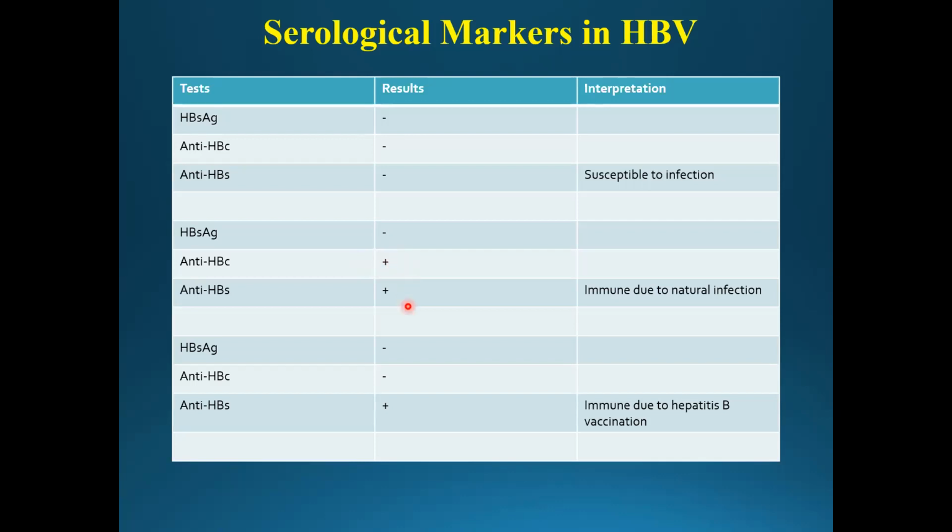Okay. Now the third exercise is with someone who has hepatitis B surface antigen negative, core antibody negative, and surface antibody positive. This is a person who is immune due to hepatitis B vaccination. Because the vaccine that you give people to develop immunity is a recombinant hepatitis B surface antigen, which is the coat of the virus.